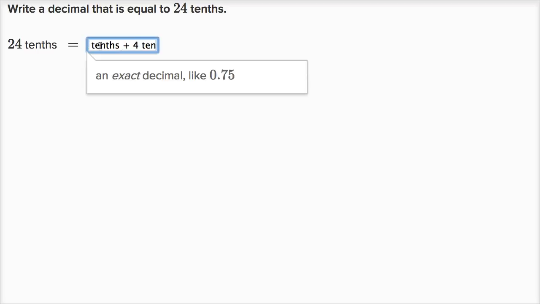But what is 20 tenths equal to? 10 tenths is equal to a whole. So 20 tenths is going to be equal to 2 wholes. So this could be viewed as 2 plus 4 tenths, or another way to write this, we could just write 4 in the tenths place. So we could just write this as 2.4. 24 tenths, 20 tenths are 2 wholes, and then you have another 4 tenths.